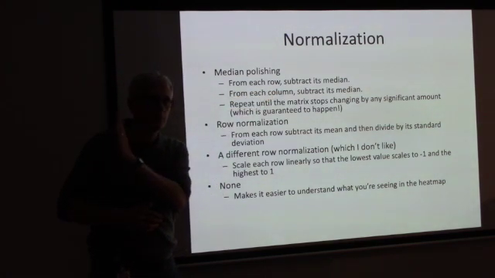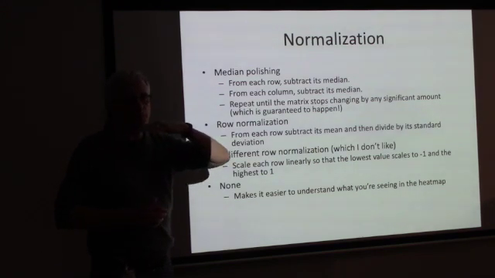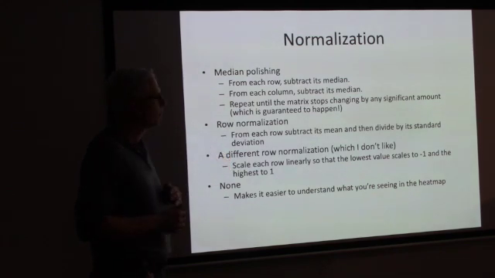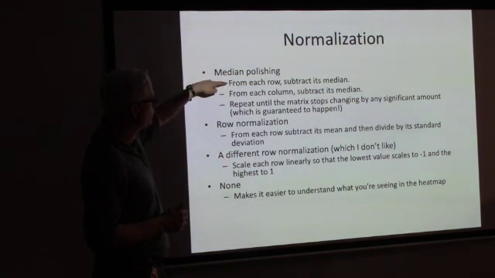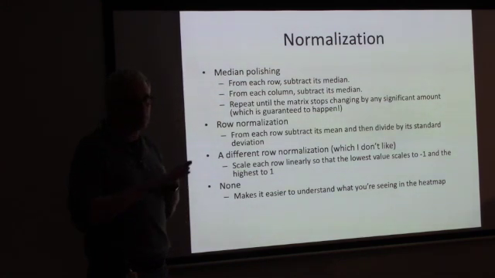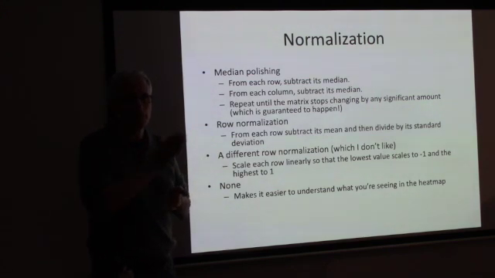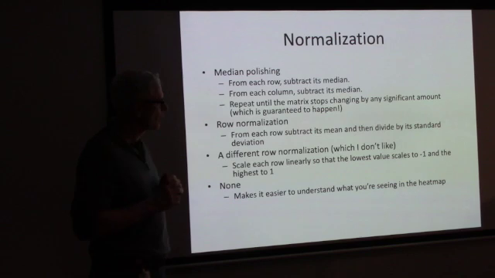Subtract off the median in each column. But in so doing, you've screwed up the rows. Now the medians of the rows are no longer 0. But you can go back and repeat this, and eventually it's guaranteed that it will calm down, and you'll essentially have 0 medians in both directions.